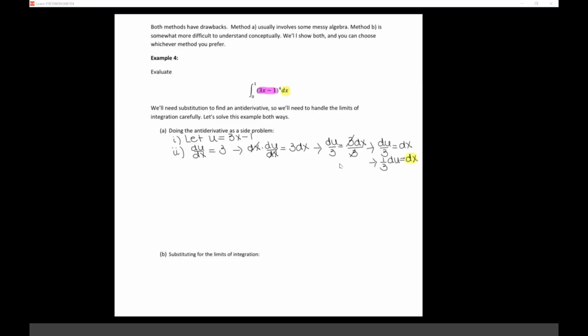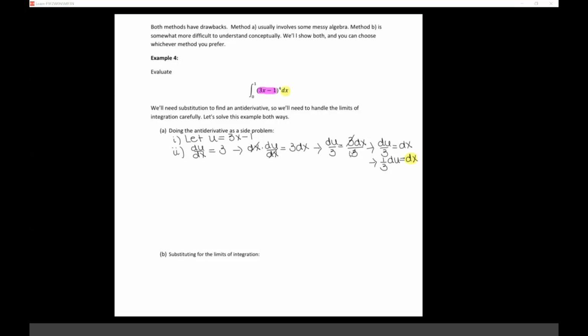Now, everybody understand the steps here? The derivative of u is a 3. What I have to match is just the dx. So I multiply both sides by dx to get that over here on the right side, which is where I'm trying to match. The dx's cancel. And then the last step is divide out the 3 because there's no 3 outside of my parentheses here.